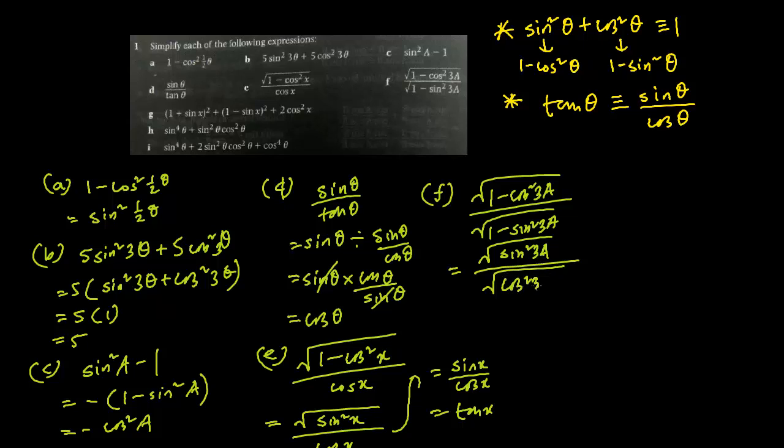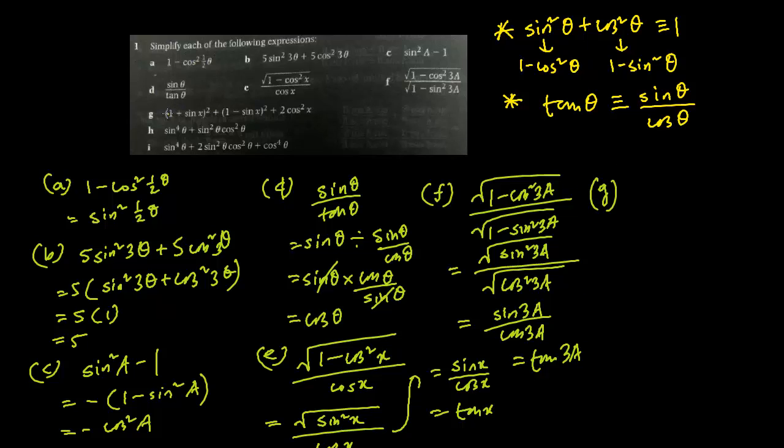So this is cos squared thrice a. So this would be square root of sine squared thrice a is sine thrice a, and square root of cos squared is cos. The angle would be the same. Now we know sine of any angle divided by cos of that angle is identical to tan theta. So tan thrice a.